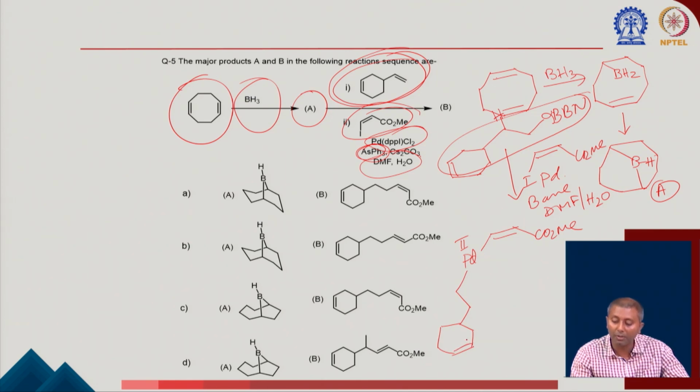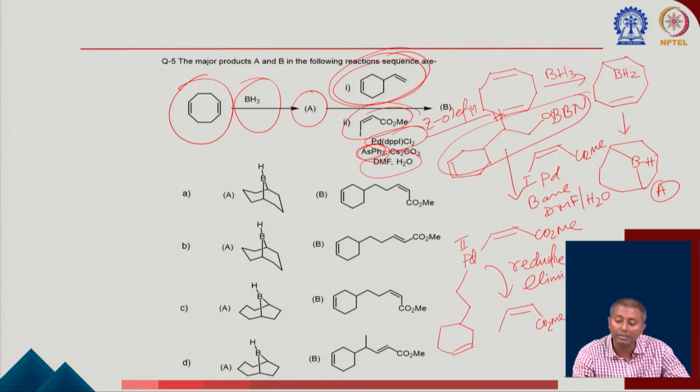Okay, so you will be forming this one, and then from there will be reductive elimination, and that will take you all the way to the product. And the important thing to note is that if you start with a vinyl iodide, so you can see this is a Z olefin or cis, both these groups, then in the product also that will be retained. So you will have 2 carbons here, and so now if you look into all the different options given, let's look into all the options.